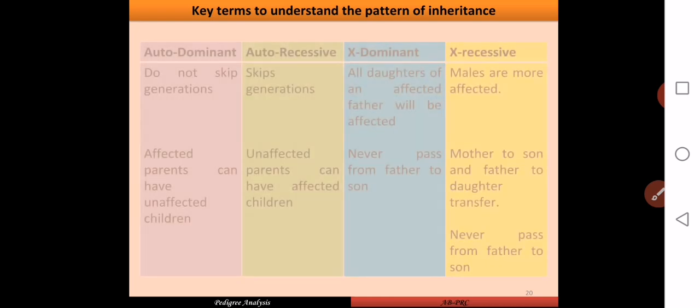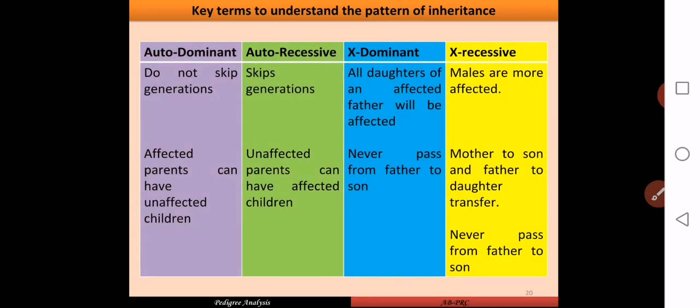All right, now we'll consolidate the features we explained for the different patterns of inheritance. Here, these are the most significant features of all the 4 types of inheritance except the Y. Okay, then autosomal dominant usually does not skip generations, but recessive will tend to skip generations, right?